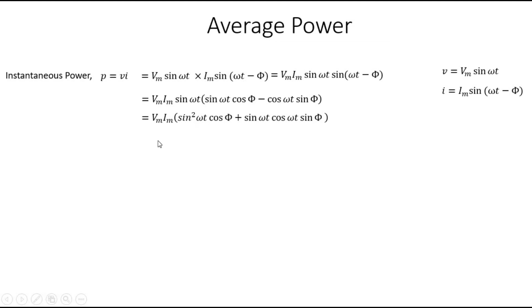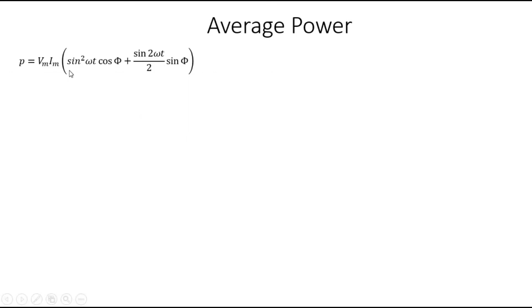Now sin omega t cos omega t is in the form sin A cos A. We have sin 2A equal to 2 sin A cos A. So using this we can write it as sin 2 omega t by 2. So this is the equation for instantaneous power: instantaneous power is equal to Vm Im [sin square omega t cos phi plus (sin 2 omega t by 2) sin phi].